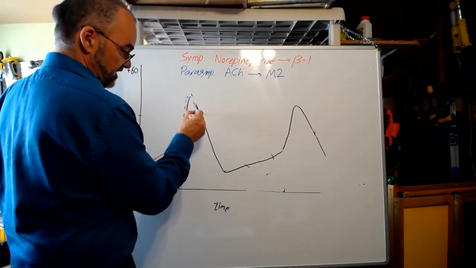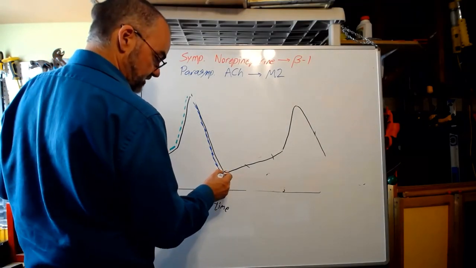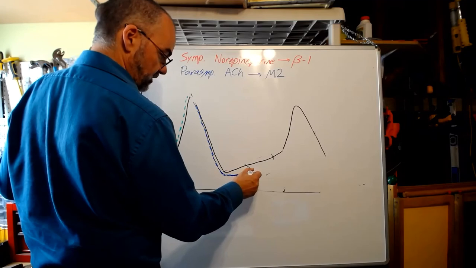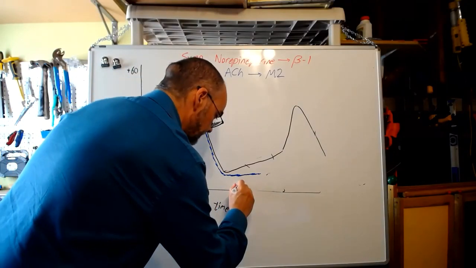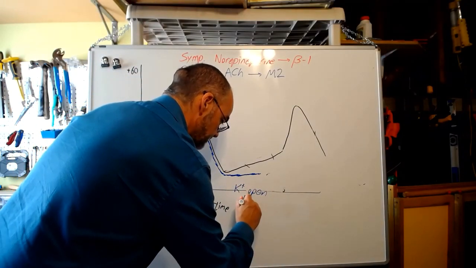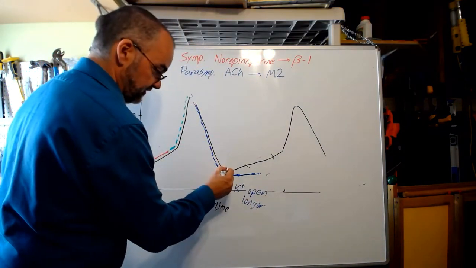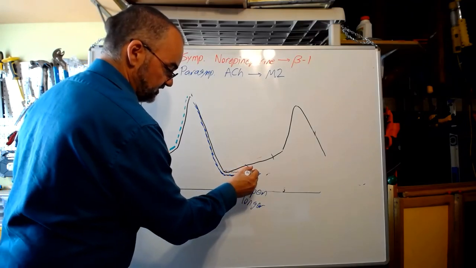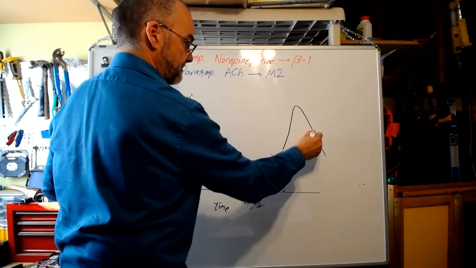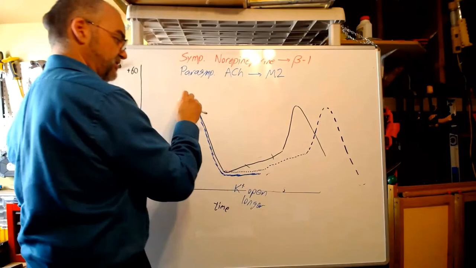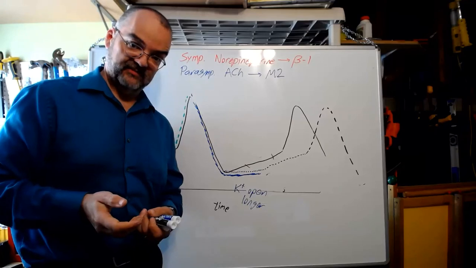So those potassium channels that were open to bring us down here, under the influence of M2 receptors, they stay open longer. When those potassium channels are open longer, that's going to slow down the depolarization. That acts against the funny channels. So it's going to take me longer to get back up to threshold. And my action potential will happen later. They'll be farther apart, which means a slower heart rate under parasympathetic stimulation.